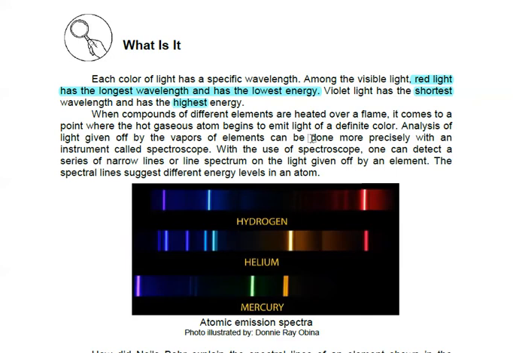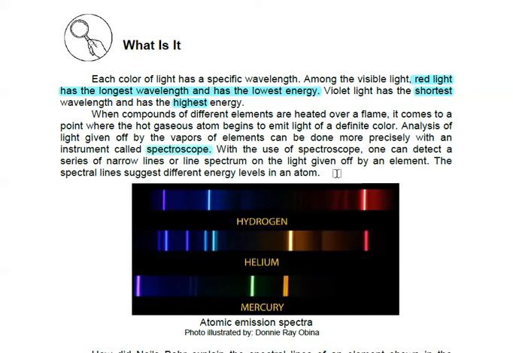So when compounds of different elements are heated over a flame, it comes to a point where the hot gaseous atom begins to emit light of a definite color. Analysis of this light given off by the vapors of elements can be done more precisely with an instrument called the spectroscope.